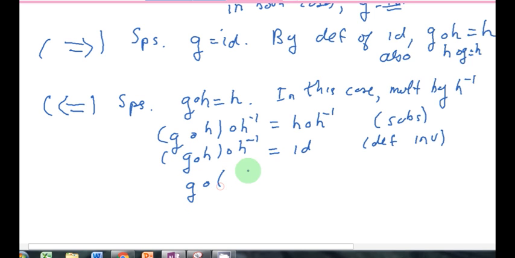I can change the parentheses around because of the associative property, which is a property of all groups. And as I said, we already know that all of this is taking place in a group. Now here we have our H composed H inverse again. So that means I have G composed identity.